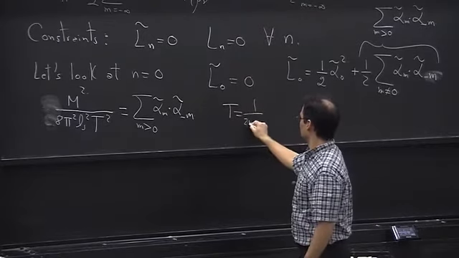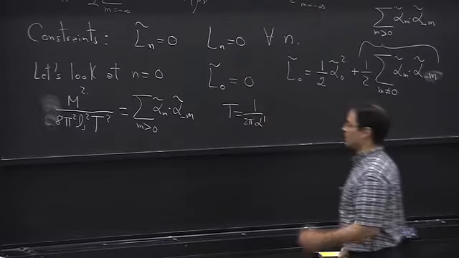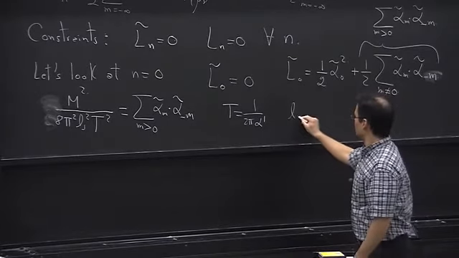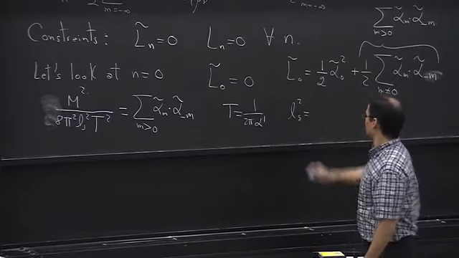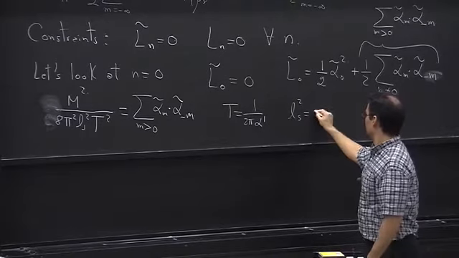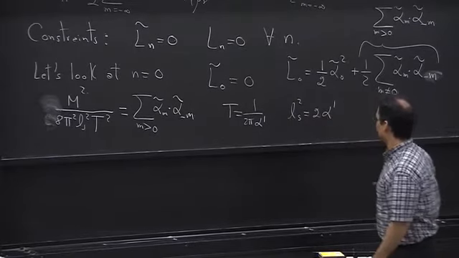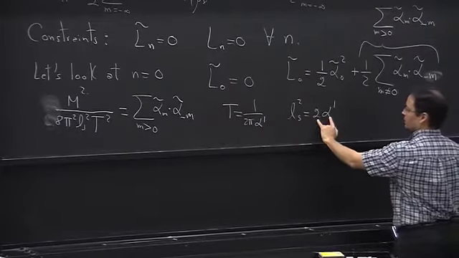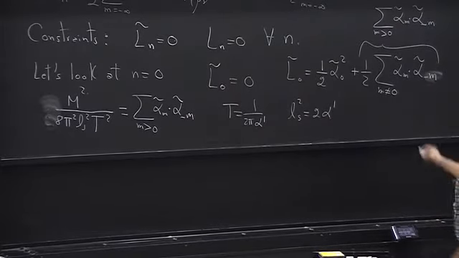We said that it was 1 over 2 pi alpha prime. And if we now choose L string to be of this form, then we will find a nice formula.